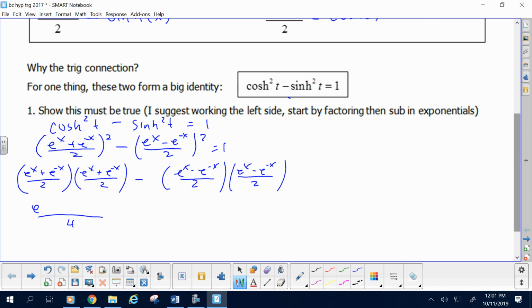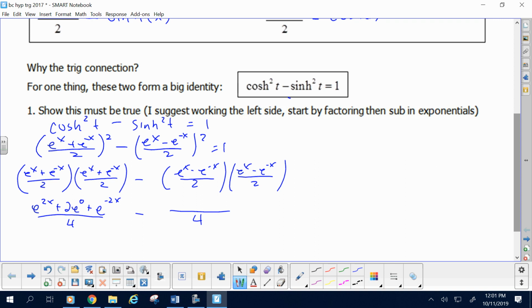E to the 2x plus 2 e to the 0, I agree, plus e to the negative 2x, all right? Minus, I'm going to put this in parentheses. Actually, I guess I don't need to put it in parentheses. It's going to be a fraction anyway.